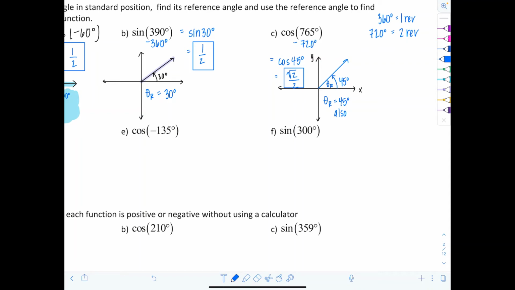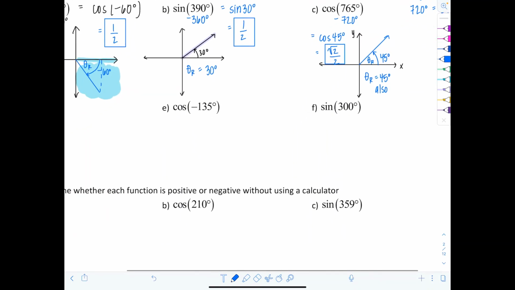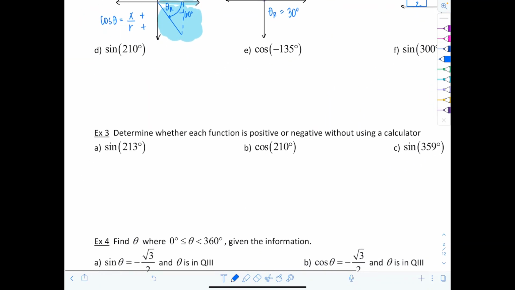Okay, let's move on and look at some angles that maybe terminate in other quadrants, spice things up. So sine of 210 degrees. Think for a second, in which quadrant will the terminal side lie? So here's your x-axis, here's your y-axis, 210.